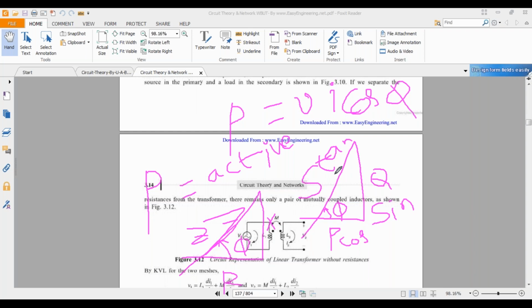Now in this triangle, we can say that tan phi is equal to, I will draw again.